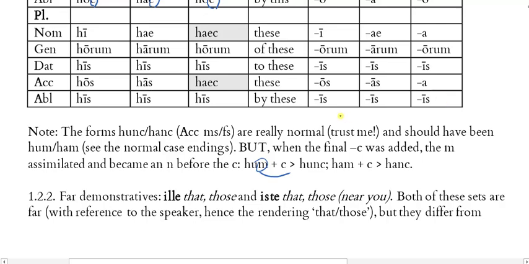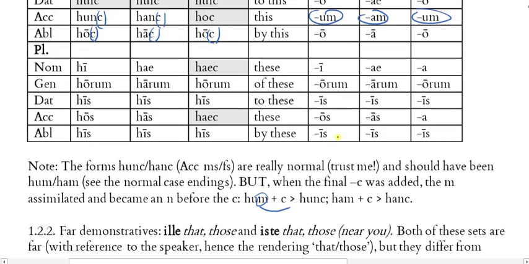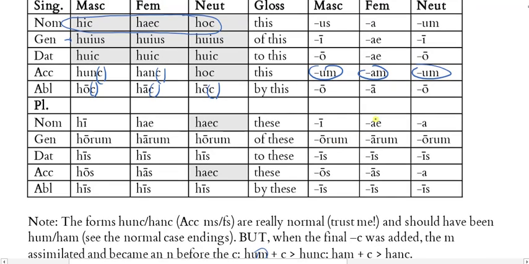So what are some things that we see if we step back and look? Well, as I mentioned, you should always learn the three genders of pronouns and adjectives when you learn the lexical form. And if you do, the neuter will be hoc. And then what's always true about neuters is that the nominative and the accusative match each other. So once you know the nominative neuter one, you know the accusative one. So in effect, that removes the strain in remembering.